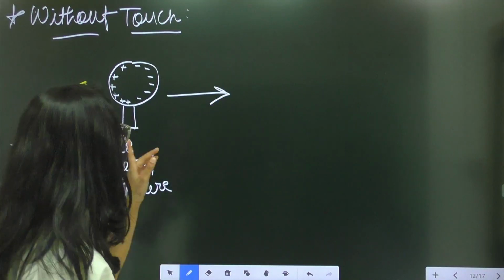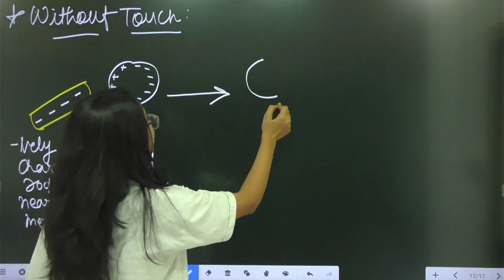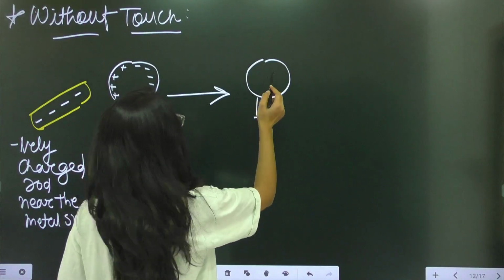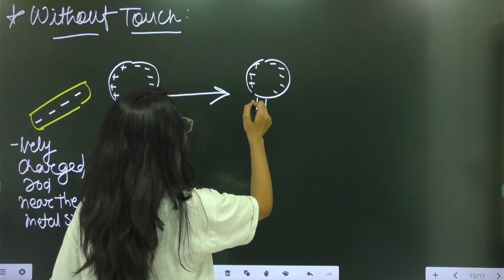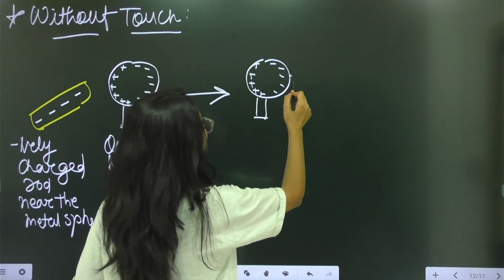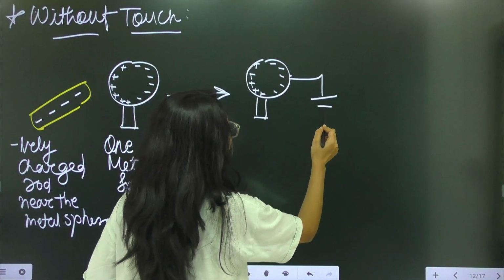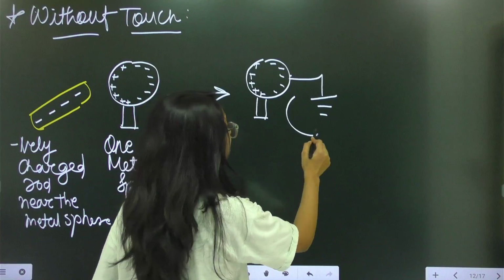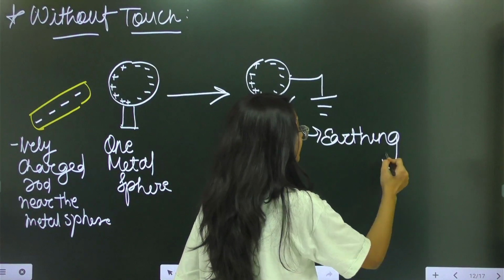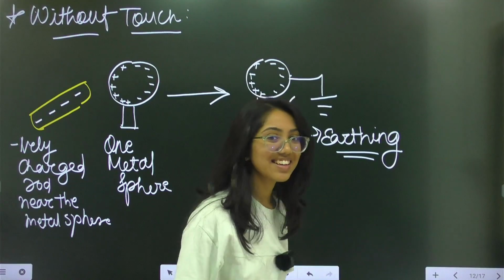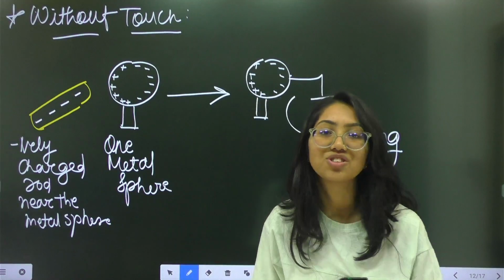Now what we are going to do is, this is the metal sphere and we are going to do earthing. Now what are we going to do? Earthing. And what earthing does is, earthing always neutralizes.